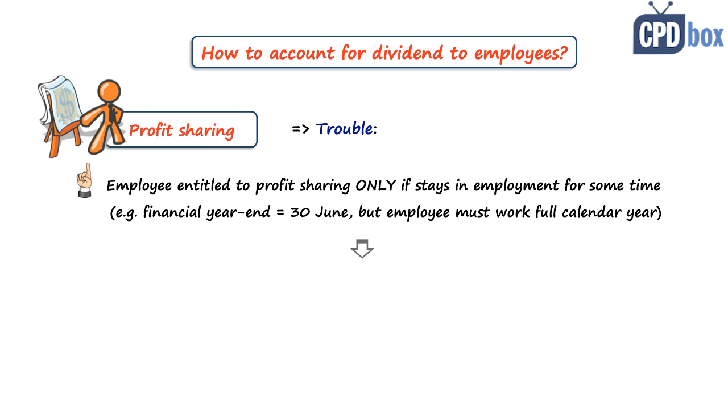There's no clear guidance on how to treat this issue, and there are basically two ways of how to deal with that. So the first approach, you should recognize the cost of the profit sharing not only in the year in which it is earned, but over a longer period until the employee has the right to receive it, because the employee would get nothing if he leaves earlier.